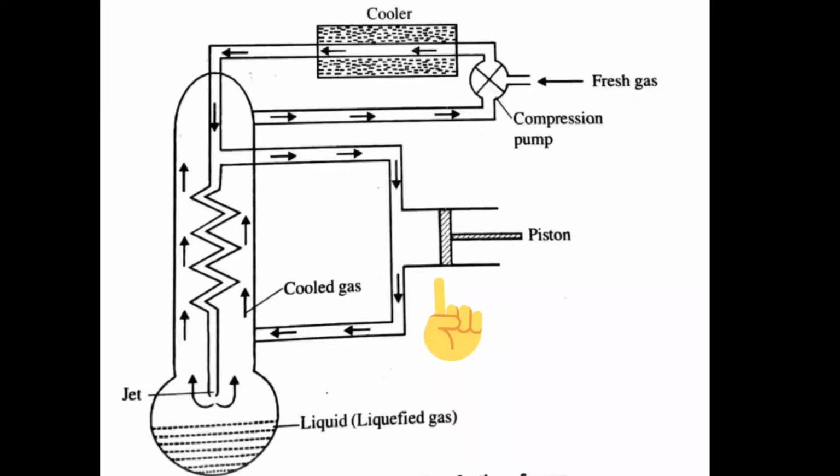This is the only difference. When the gas reaches this area, this piston moves upward. That is, some work is done by the gas in overcoming the intermolecular attraction at the cost of kinetic energy of its molecules.